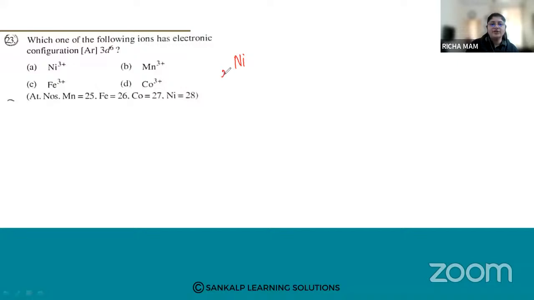If you write for nickel, it is 28, so it is 3d8, 4s2. So nickel+3 means it will be a 3d7 system.